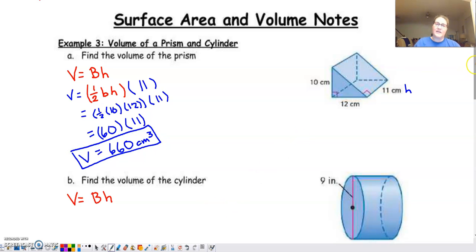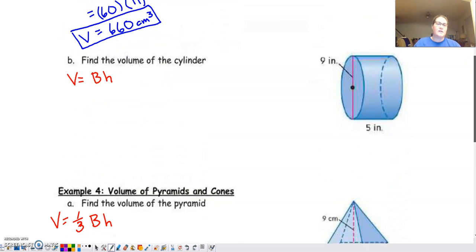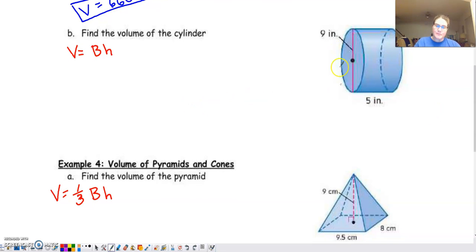All right, so that is a prism. Now we want to look at a cylinder. So a cylinder, once again, is the area of the base times the height. The area of the base here is going to be equal to pi r squared.